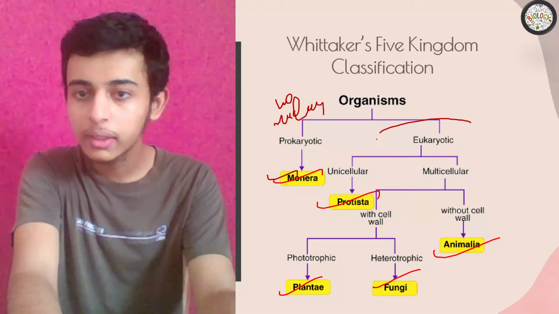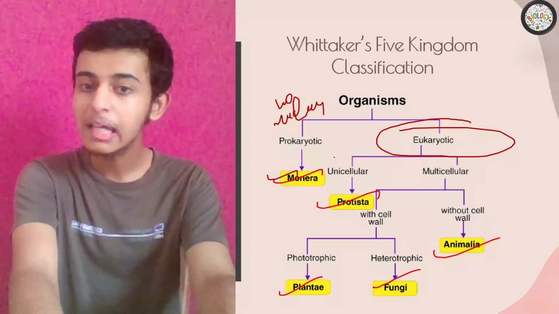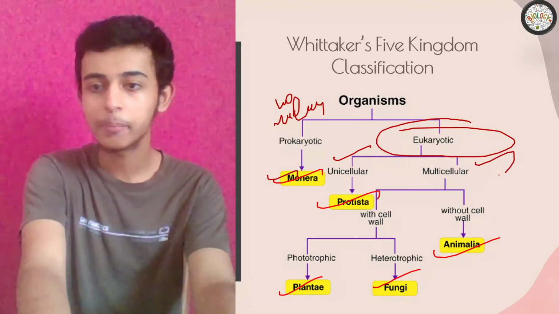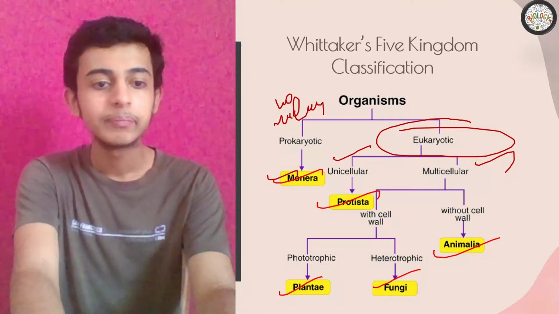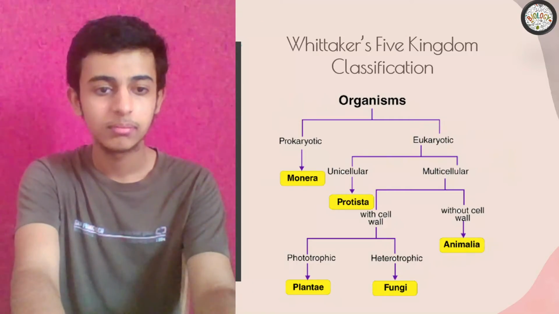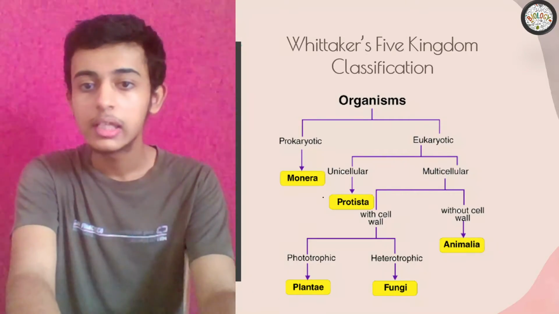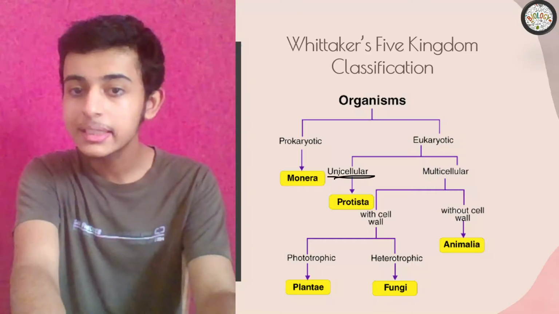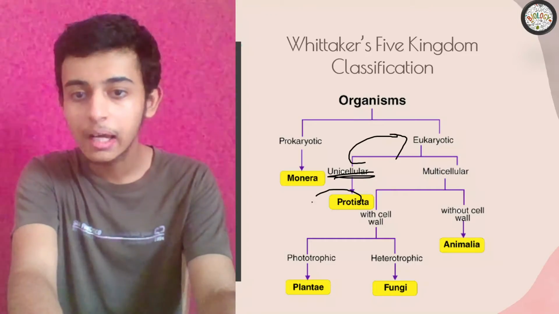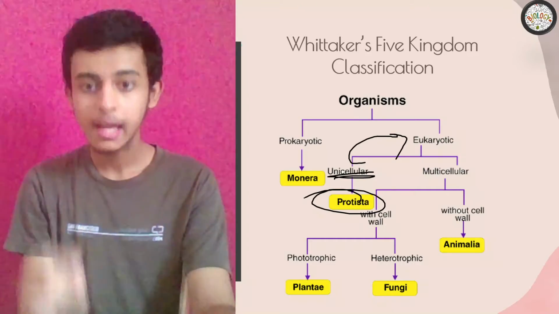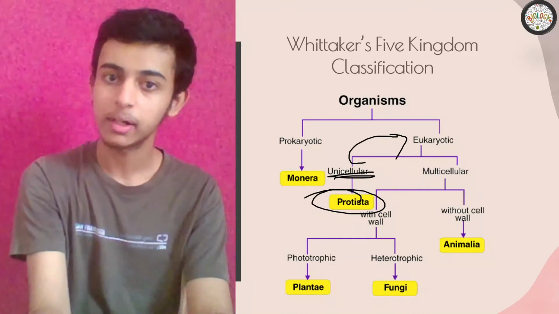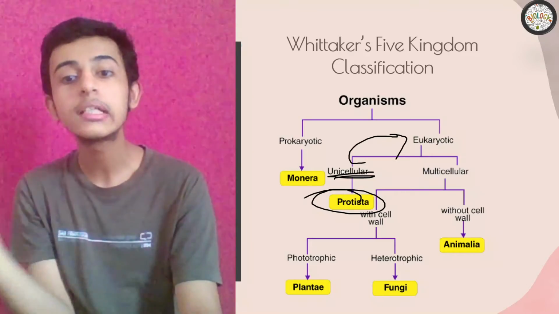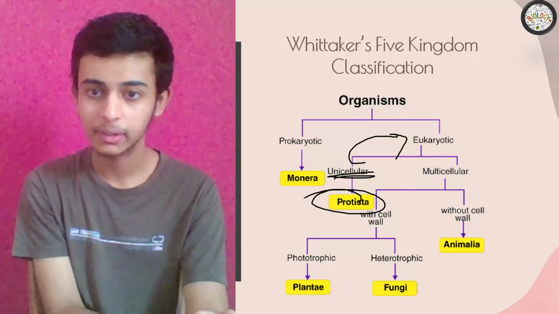Now, eukaryotic can be either unicellular or multicellular. Okay, so if I talk about unicellular eukaryotes, they are Protista. Monera is prokaryote. Protista is a eukaryotic unicellular organism.